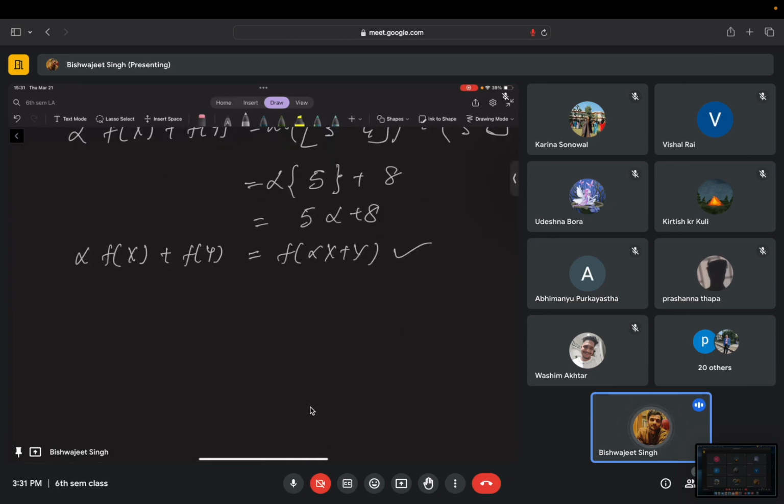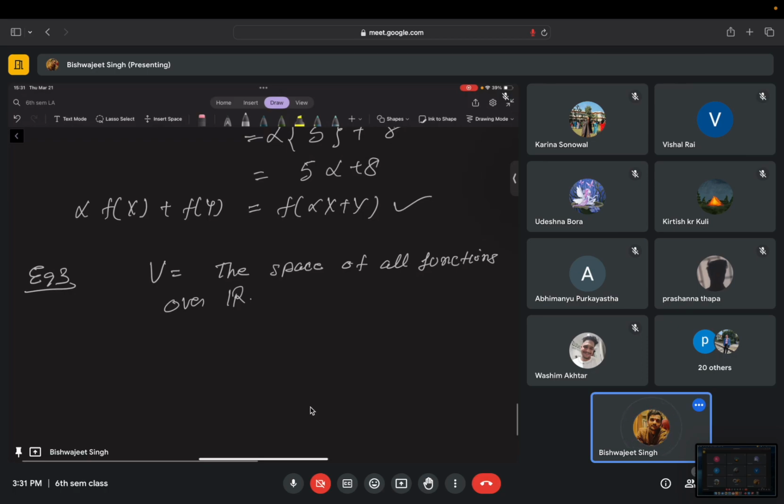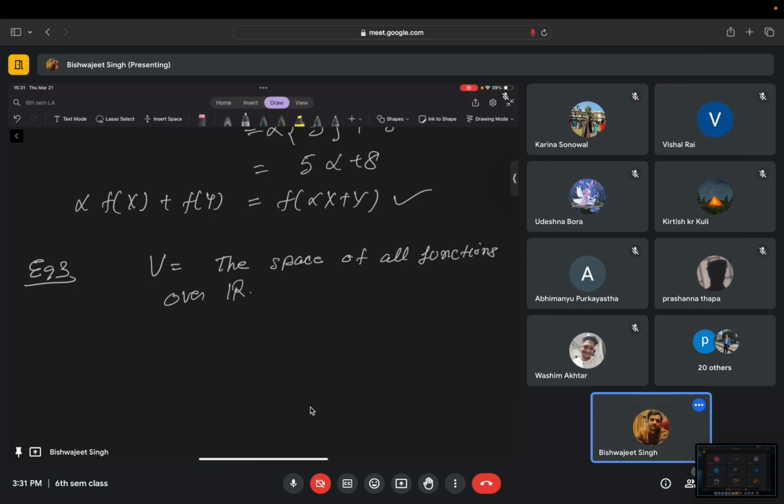Yes, so we can see some more examples. Let's take one more example, and this time let's take V as the space of all functions over R. What does it mean? V is the set containing all the functions whose domain is R and whose range is also R, right?